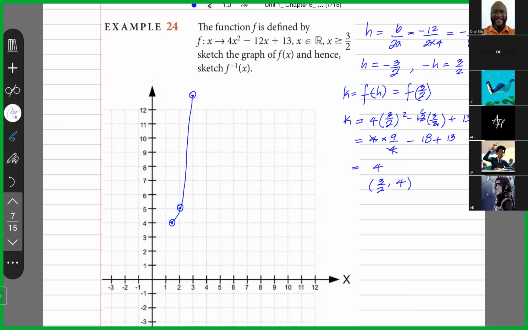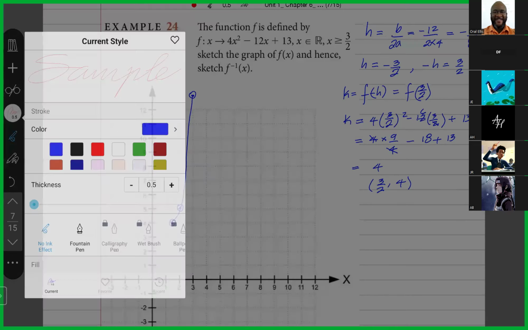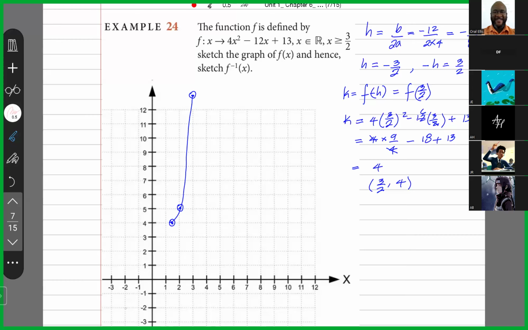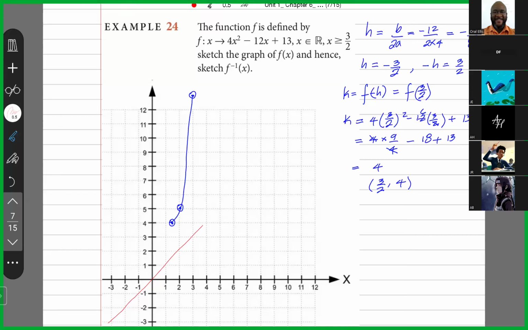I can draw the graph of y is equal to x, because whenever I reflect the graph of a function in the line y is equal to x, I will get the inverse of the function.